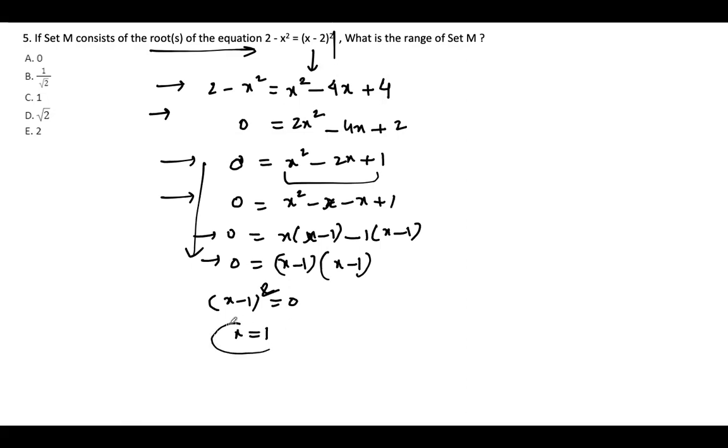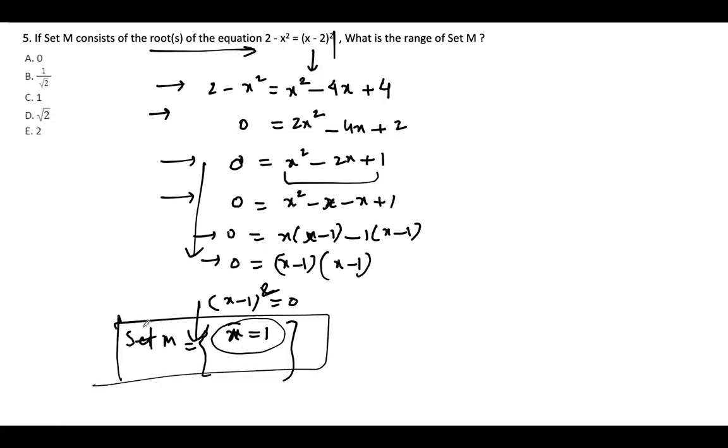So x comes out to be 1. So set M has only one element.